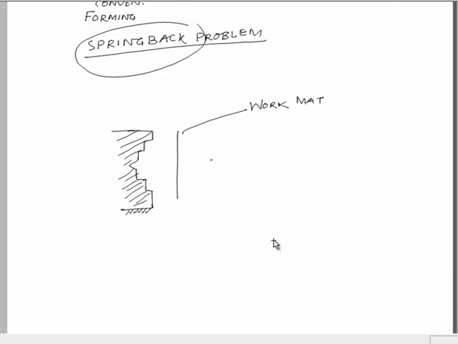Then if somehow we can provide velocity to this sheet and allow it to impact this die at a very high rate, it will plastically deform and take the shape of this die. This is the principle being used in this process.